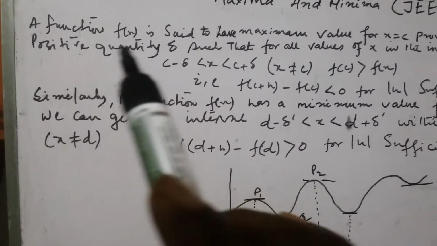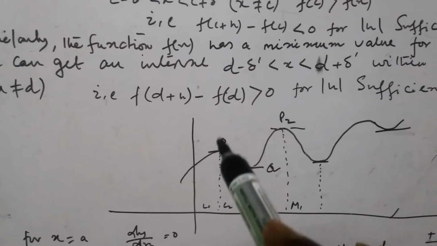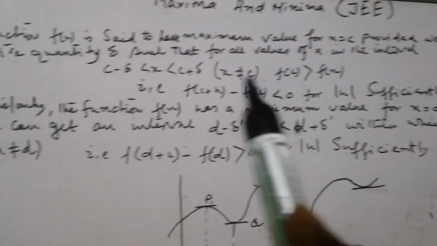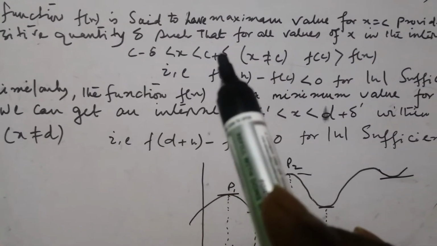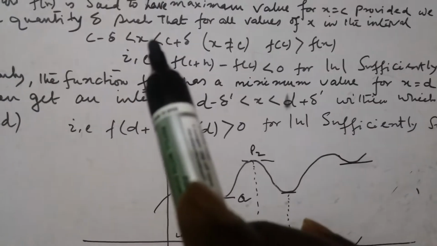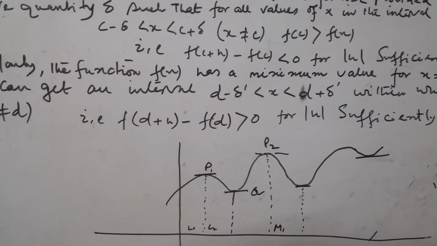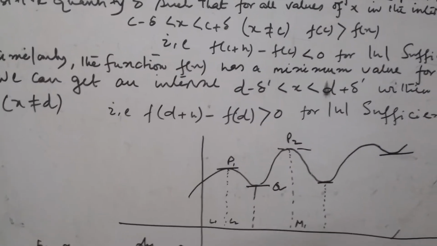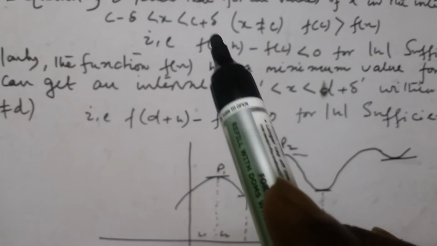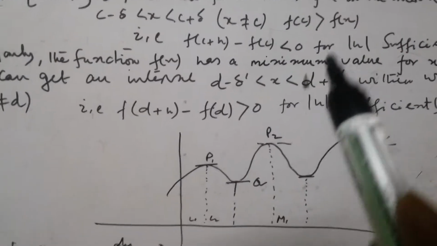A function f(x) is said to have a maximum value for x equal to c, provided we can get a positive quantity delta such that for all values of x in the interval c minus delta less than x less than c plus delta, x not equal to c, then f(c) is greater than f(x).